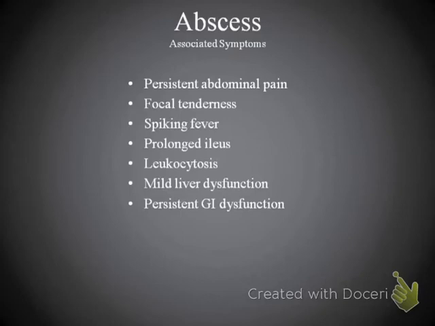So pretty much you have abnormal liver enzymes indicating that the liver is not functioning properly, or you have persistent GI dysfunction, meaning that you're eating and things should be going okay, but they're not, and so you have tons of problems anytime that you consume food or you drink things like that. You have an associated increase with pain, discomfort, things like that. Can all be indicative of an abscess.